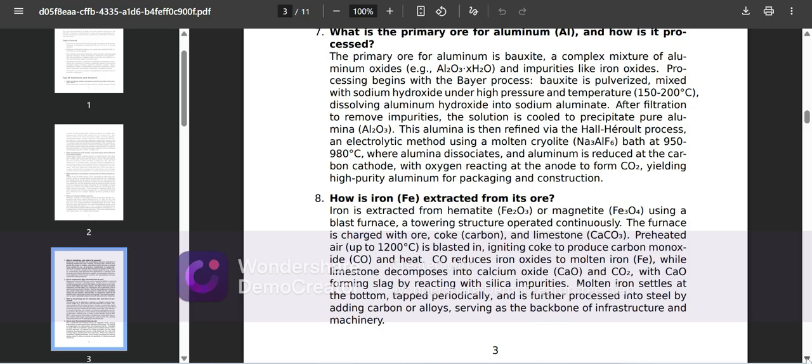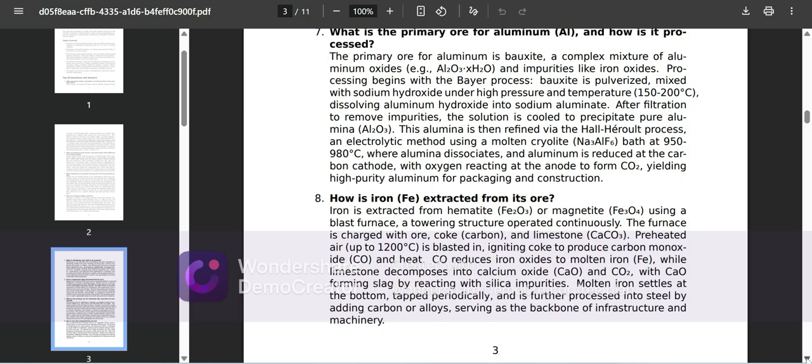The bauxite is pulverized, mixed with sodium hydroxide under high pressure and temperature, 150 to 200 degrees Celsius, dissolving aluminum hydroxide into sodium aluminate. After filtration to remove impurities, the solution is cooled to precipitate pure alumina, Al2O3.